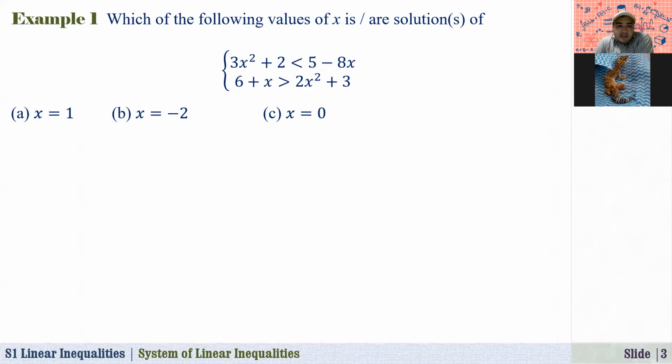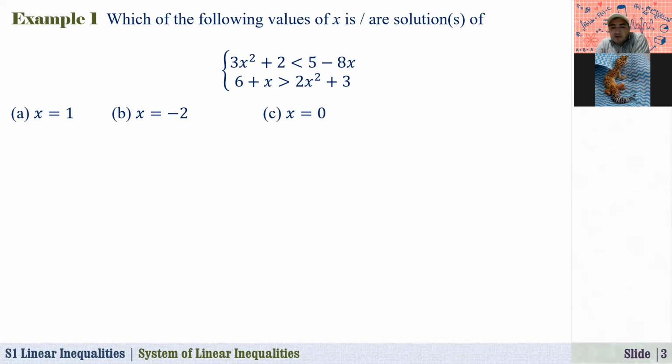So let's start with this example. Which of the following values of x are or is solutions of this inequality, right? The solution means that, again, when you are solving equations or inequalities, they mean the same thing. Solution means that when you substitute this value into the equation or inequality, that must satisfy the equation or inequality, right?